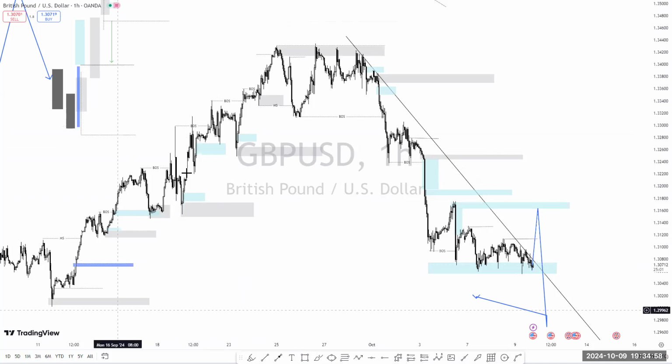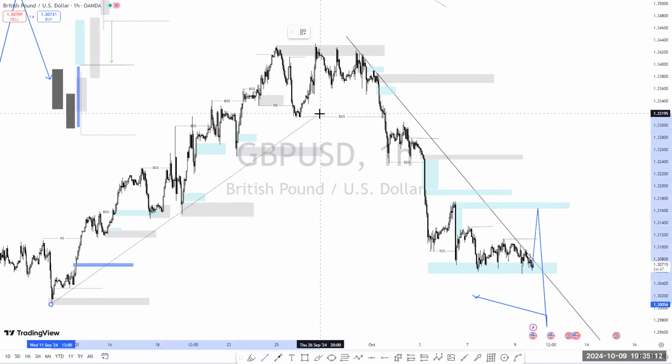If it doesn't fill the imbalance as it's going up, just as it's coming down, as this price is coming down, all these are seen as liquidity. So price is sweeping all this as liquidity as it's coming down, because there are a lot of pending orders that price did not come down to take. But as it's coming down, price is grabbing them as liquidity and pushing downward.